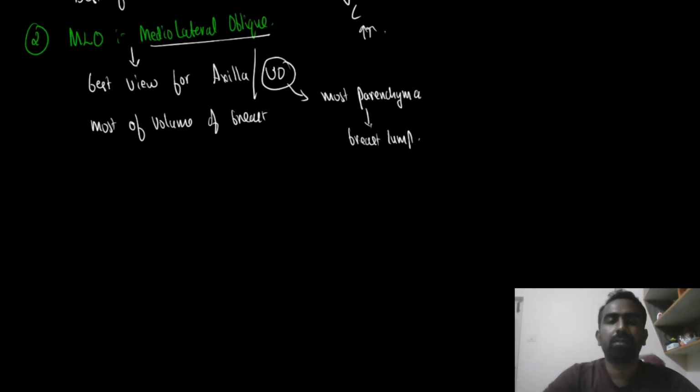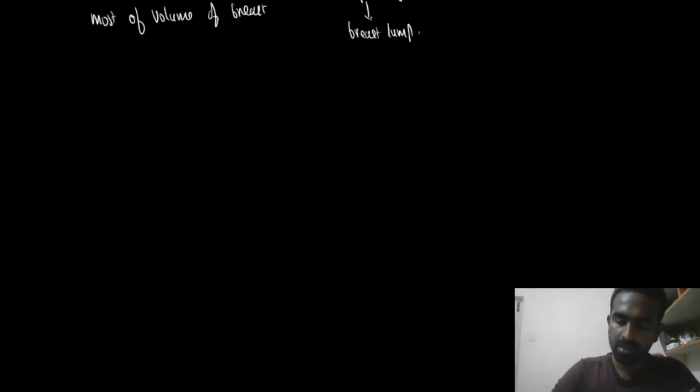Okay, so this is about the mediolateral oblique view, and there are some special views. Most people know the usual ones. What are the special views available? One is the 90-degree lateral view, which is used along with the craniocaudal view. It is 90 degrees from the lateral, not the mediolateral oblique view; it is perpendicular to the craniocaudal view.